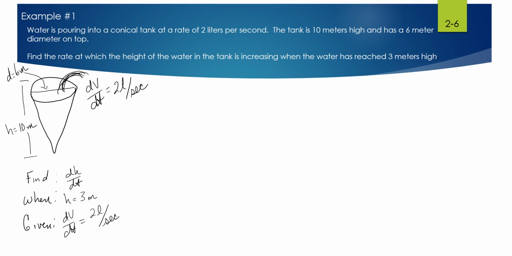Okay, so I have the problem drawn. I have it labeled. I have my find when given. I'm ready for a formula. So this problem's all about volume, and the volume of a cone is 1/3 pi r squared times the height. Okay, and so now I'm ready for step 5, where I check and make sure that all my variables are okay.